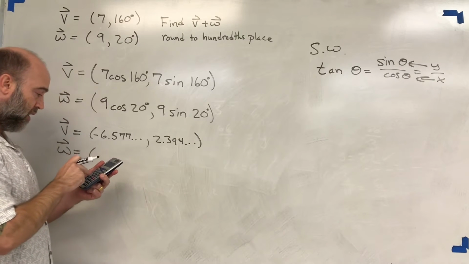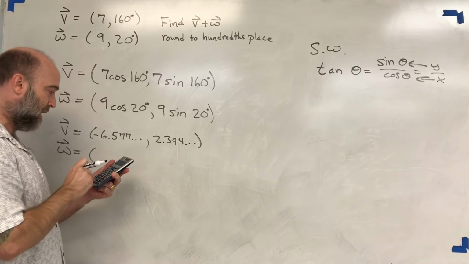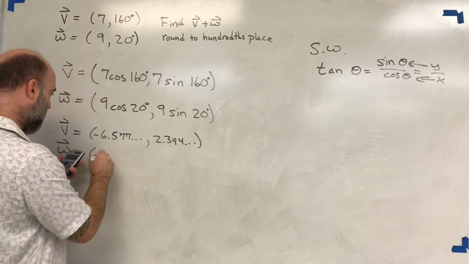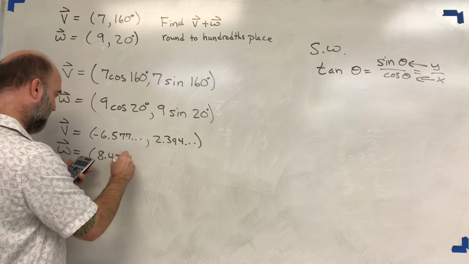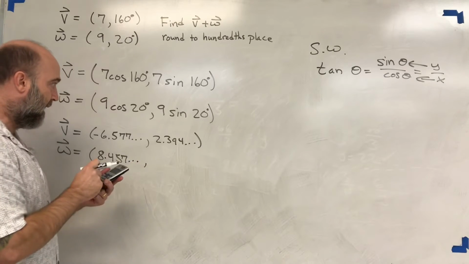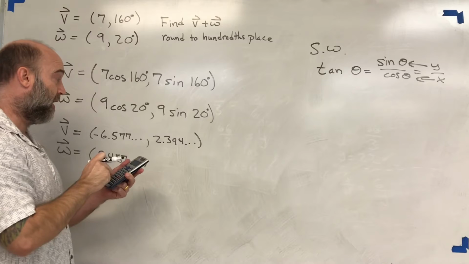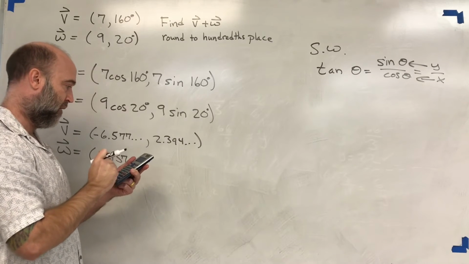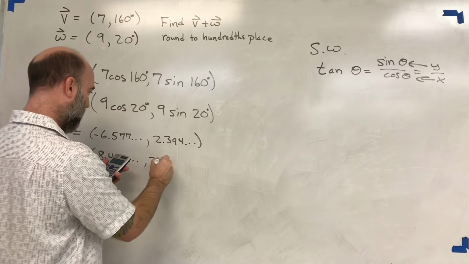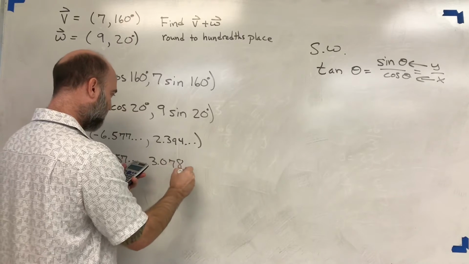9 cosine of 20 is equal to 8.457... And 9 sine of 20 is equal to 3.078.